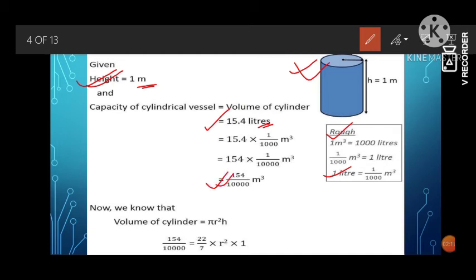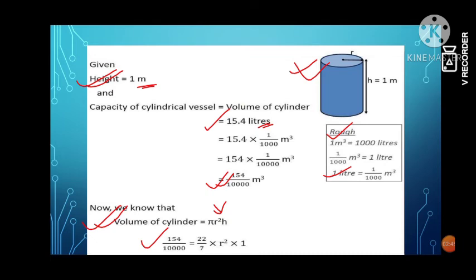This is our capacity. Now since the radius is not provided, we have to find the radius first and then we can find the total surface area. The volume of the cylinder, we know, is pi r square h. So from here we can find the value of r. So 154 divided by 10,000 is equal to 22 by 7 into r square into 1.